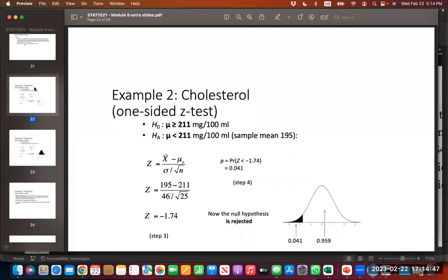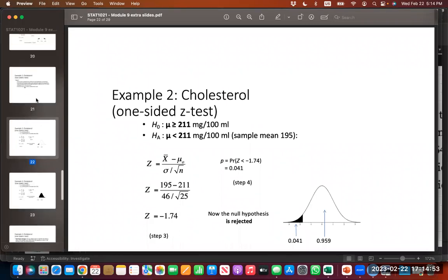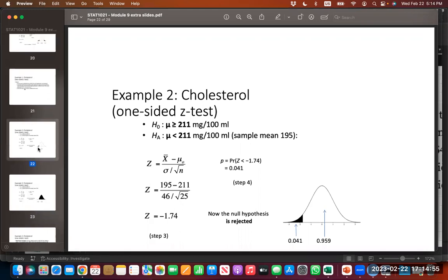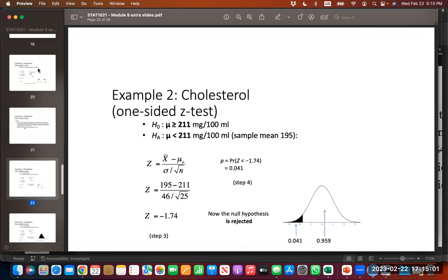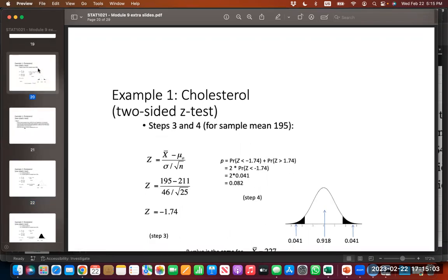So let's remember the cholesterol example. We have a sample of 25 hypertensive smokers, and we're comparing their cholesterol against the population mean. We had a population mean of 211 milligrams per deciliter.